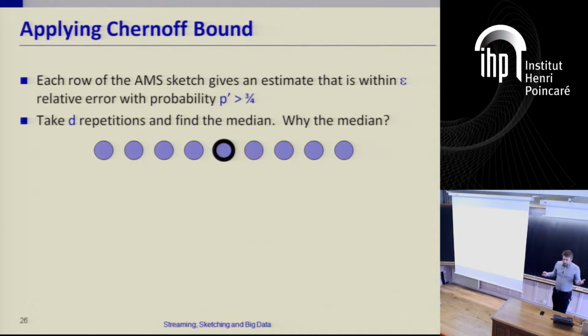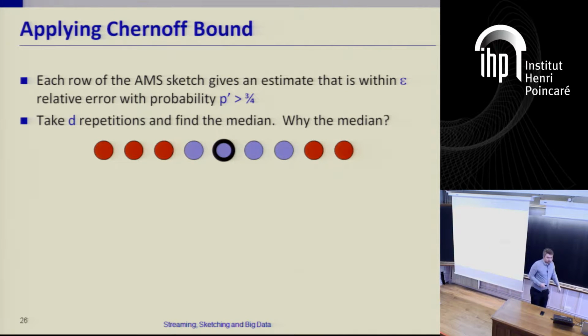So now think about some of these estimates being bad. They're bad in the sense that they are outside of my desired bound, more than some epsilon away from the true value. But because I've laid them out in sorted order, if it's bad, it's either because it's too small or because it's too big.